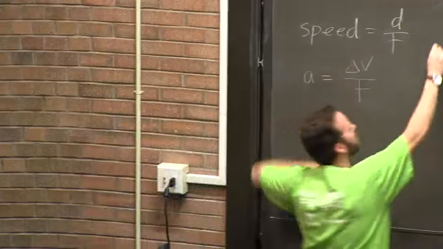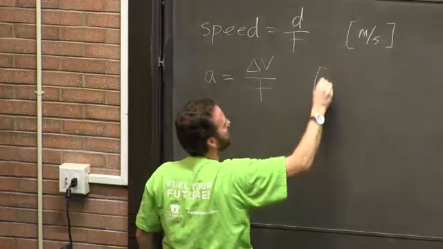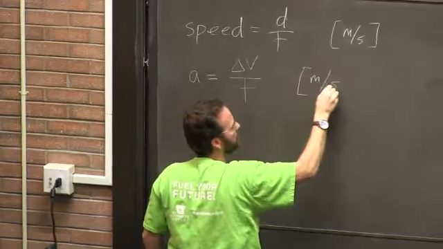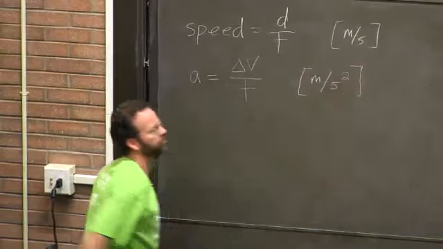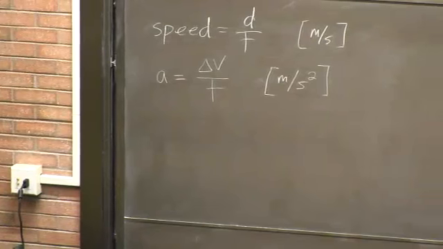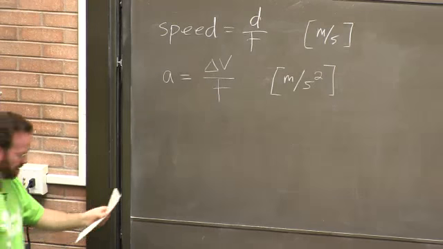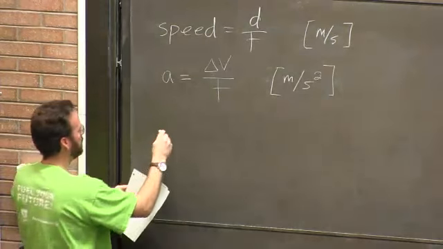Remember, this was in meters per second, and this one is in meters per second squared. So you're going to change your velocity, meters per second, every second. And then I gave you this equation.